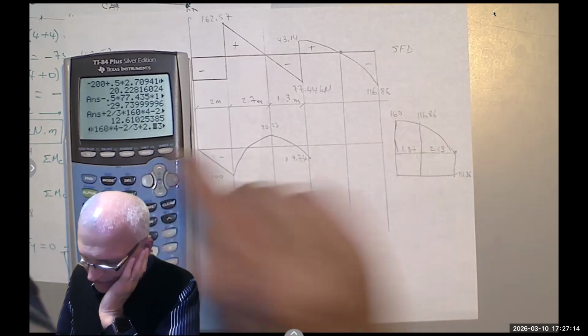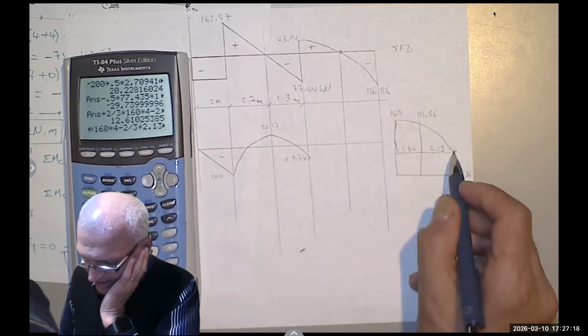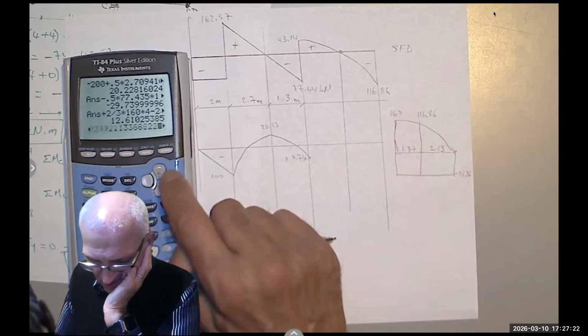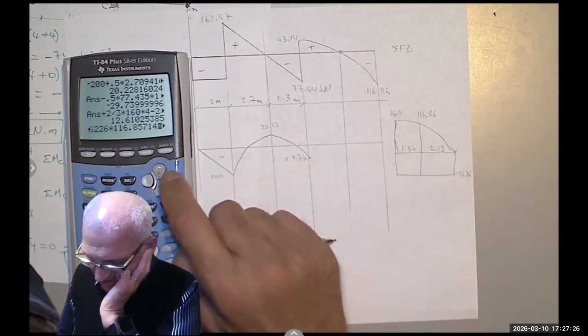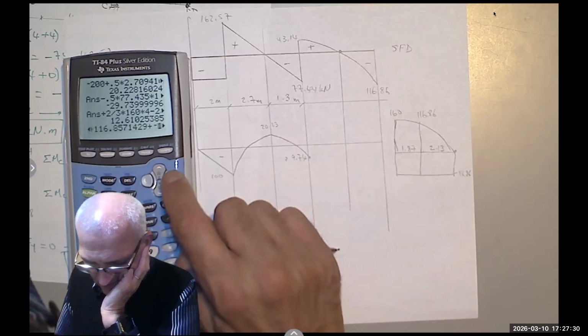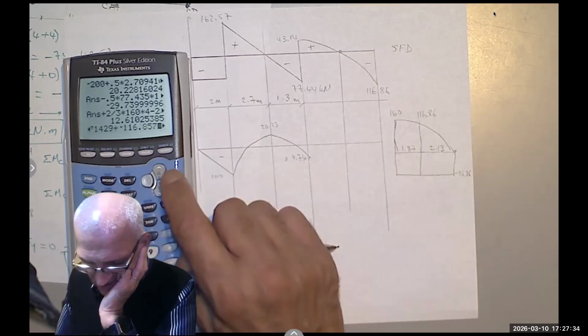Then I subtracted 2/3, 213, which is the base, times 116, which is the height. And then I should subtract 116.86 times 187.